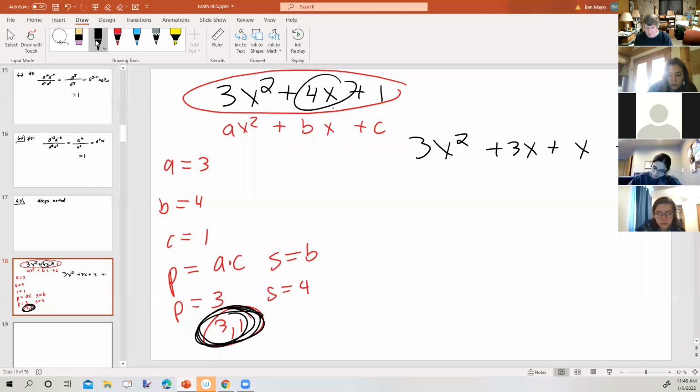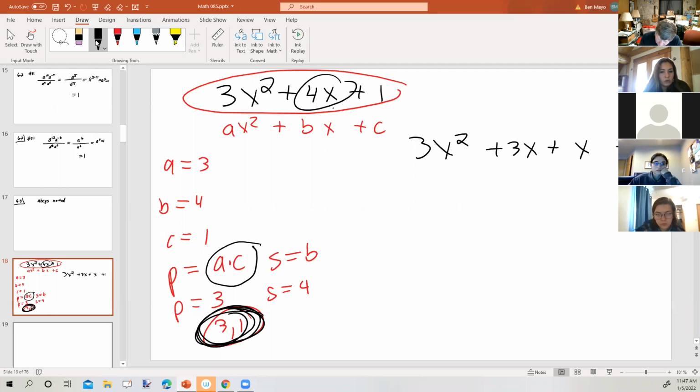I have a question. Yes. How we did 3 and 1, will that always, well, not those numbers specifically, but whatever numbers we get, will that always go in the middle? Like how we did 3 and 1, so in the middle we did 3x plus x to get 4x.